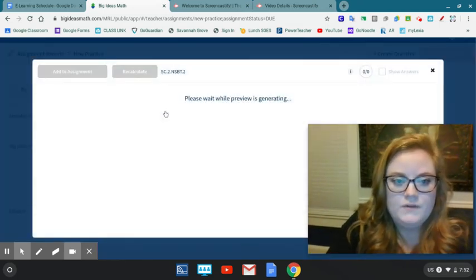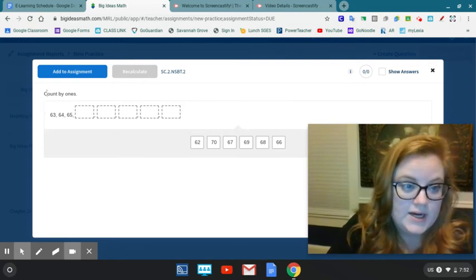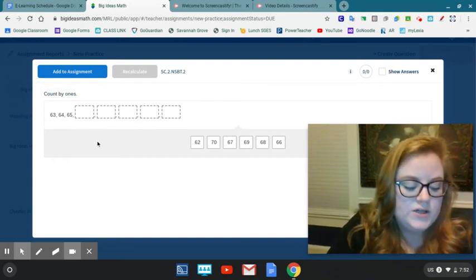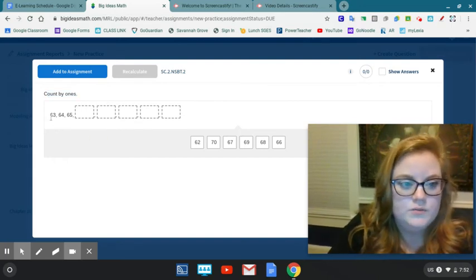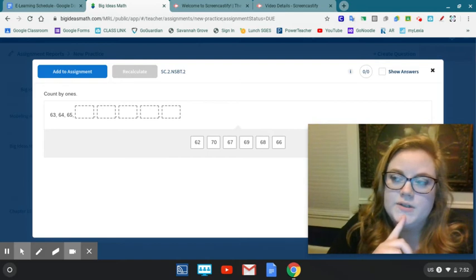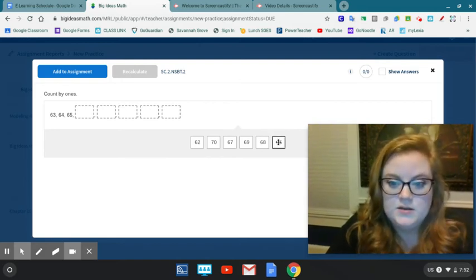So first we have a problem where we have to count by 1's, and it says it right here, count by 1's. So they already started off the numbers for us. They have 63, 64, 65. Well, I know that if I'm counting by 1's and I have 65, then the next number would be 66.